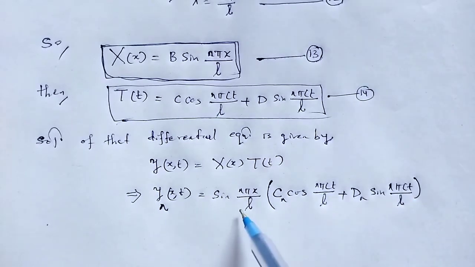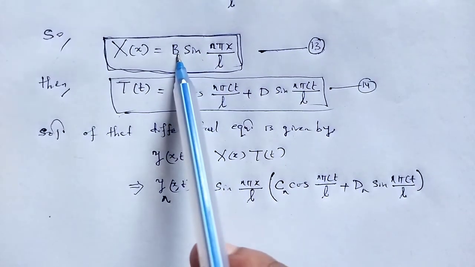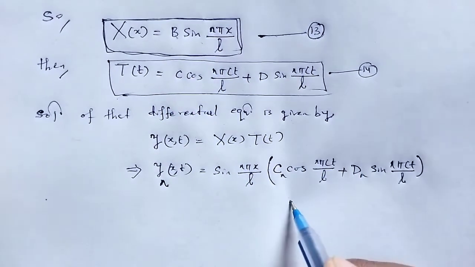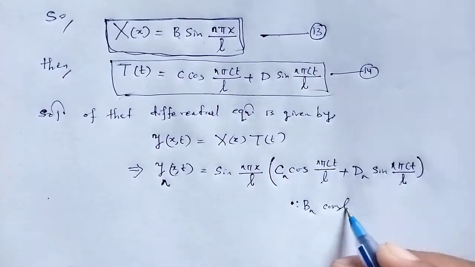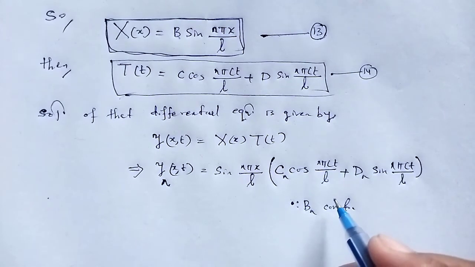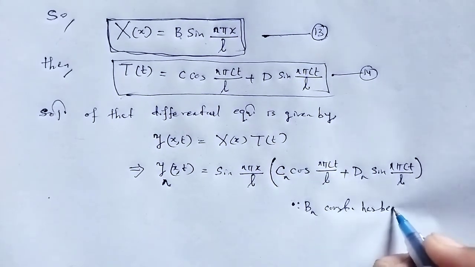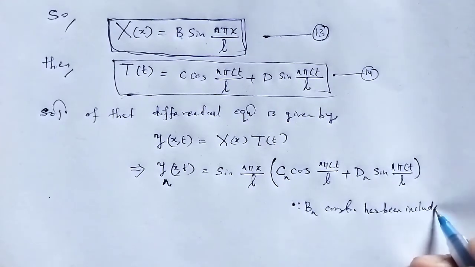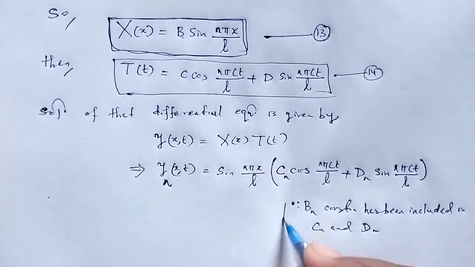Here another constant Bn would be there, but the constant Bn has been included in Cn and Dn.